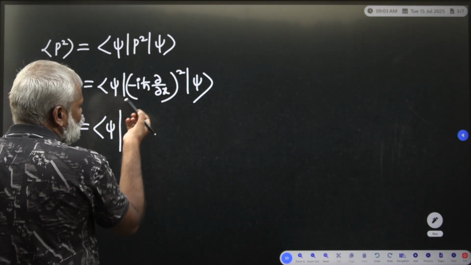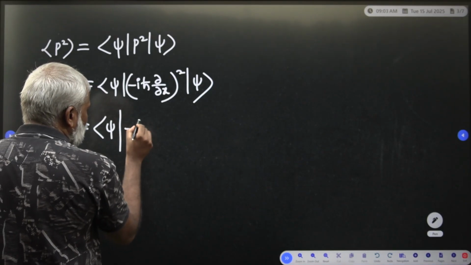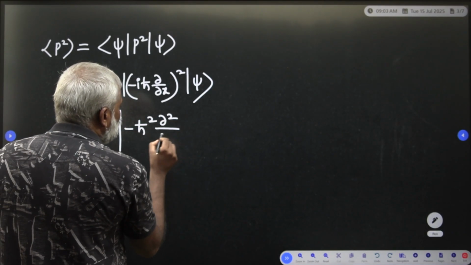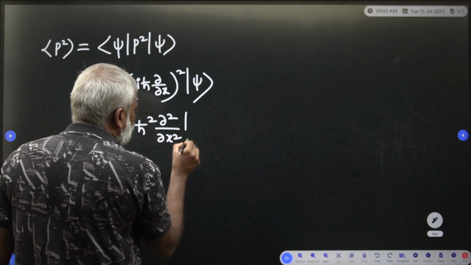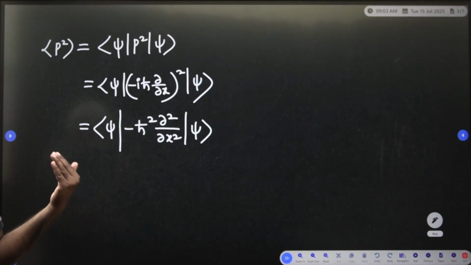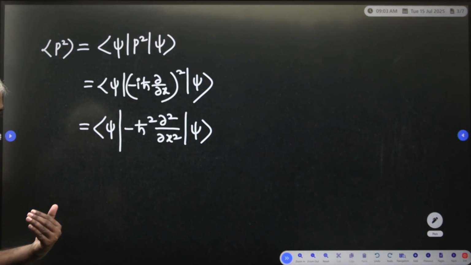So, minus into minus plus i square is equal to minus ħ square ∂²/∂x² into ket psi. It is clear.